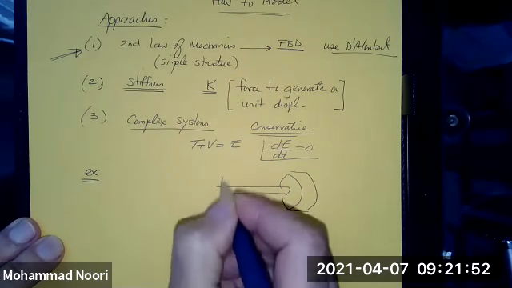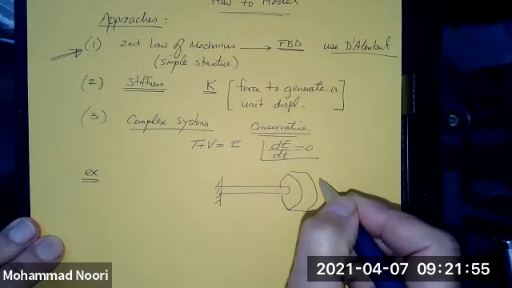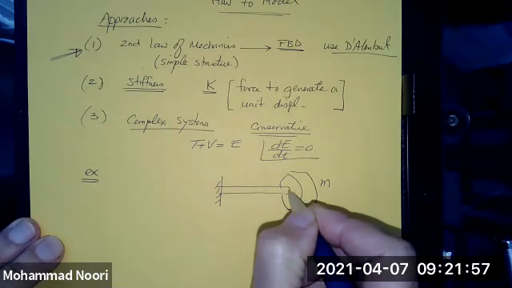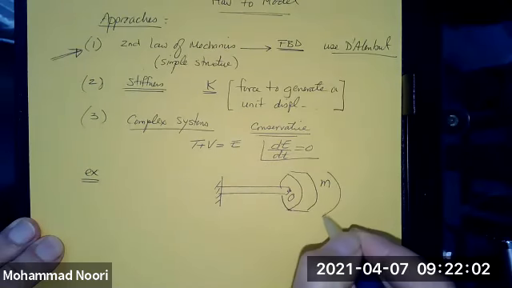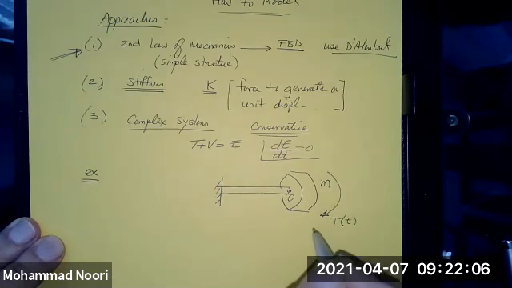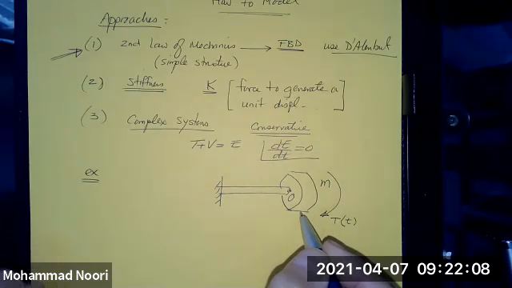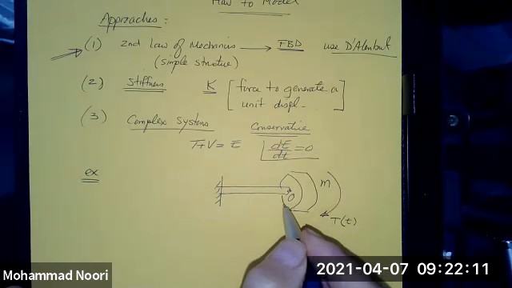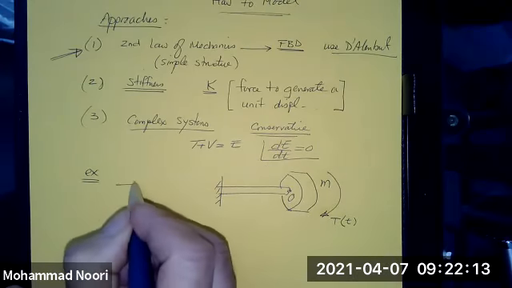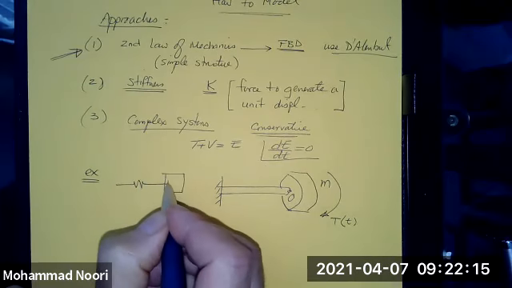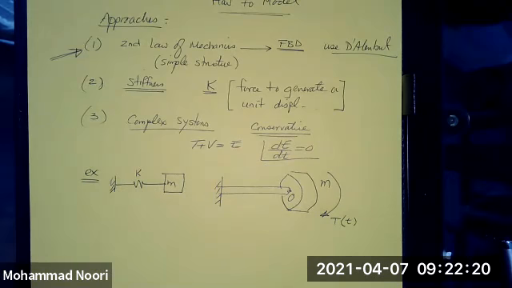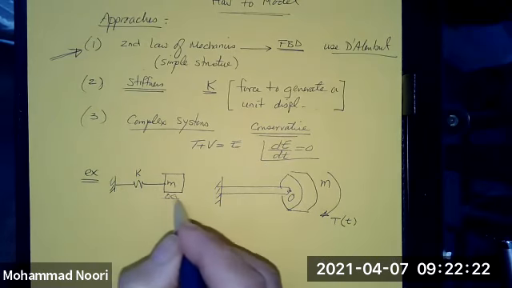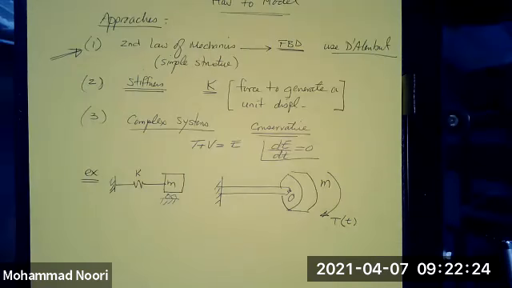Let's say you have a disk with a mass m connected to a shaft, and this disk is subjected to a time-dependent torque, and we want to find the equation of motion for this, or rather set up this model for this structure. I told you any structure can be modeled by this single degree of freedom system, and that's what we want to do.